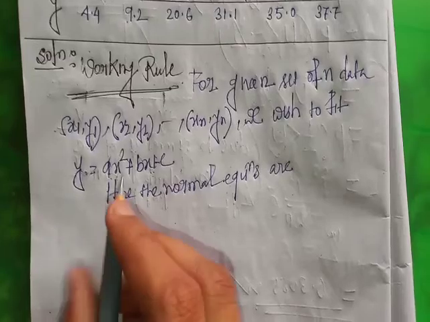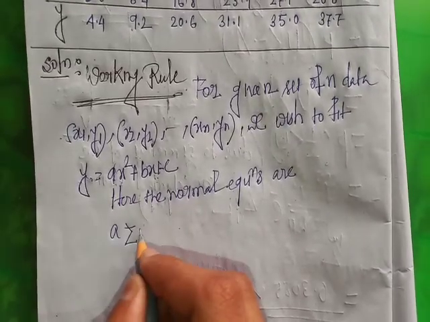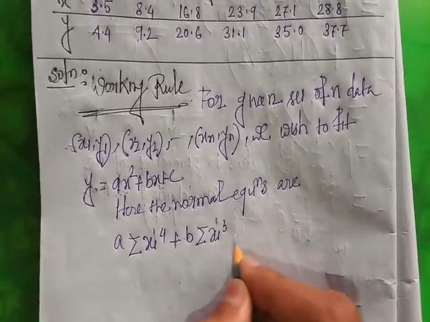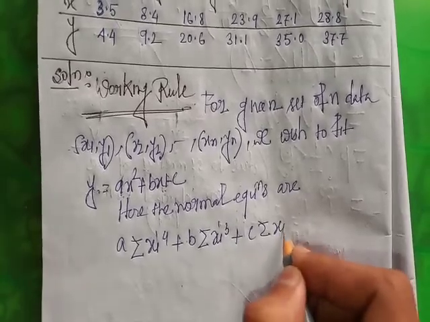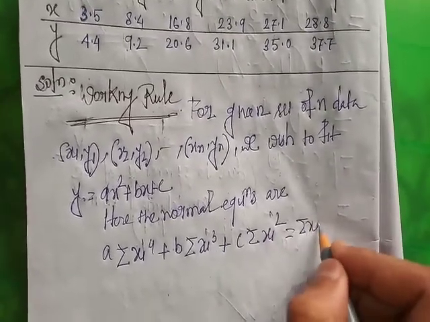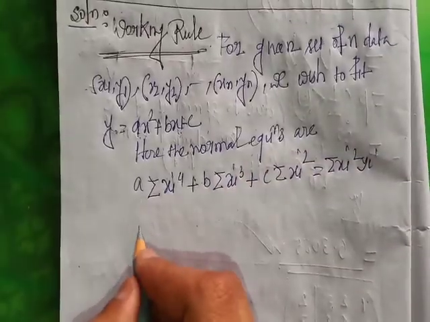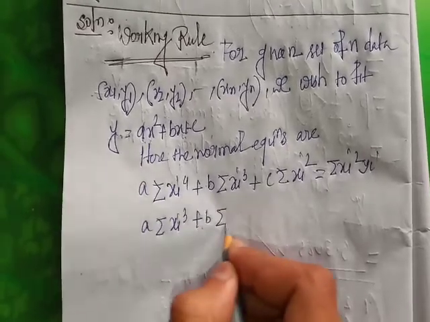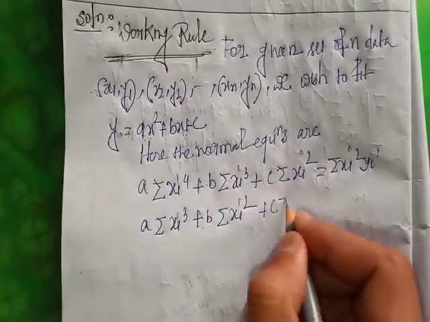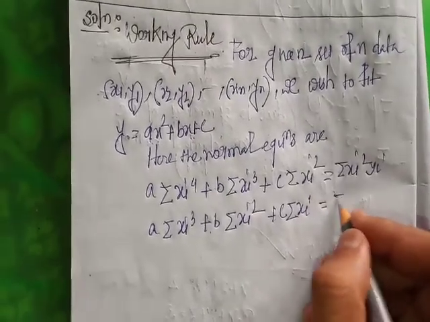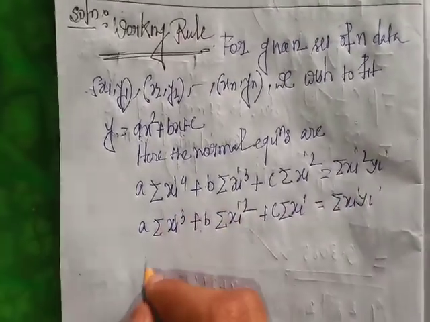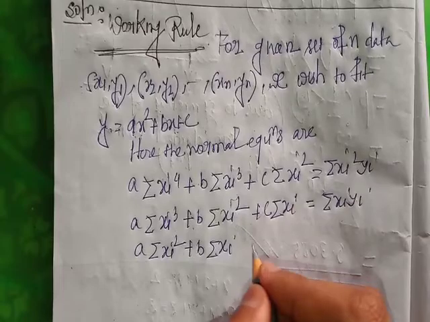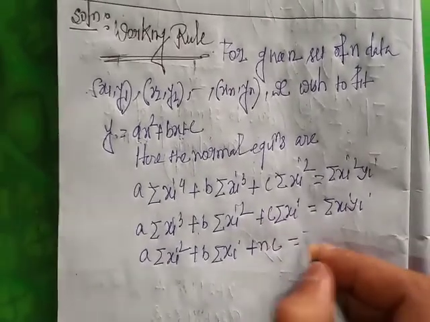The normal equations are: a summation over i xi to the power 4 plus b summation over i xi cube plus c summation over i xi square equal to summation xi square yi; a summation over i xi cube plus b summation over i xi square plus c summation over i xi equal to summation xi yi; and a summation over i xi square plus b summation over i xi plus n into c equal to summation yi.